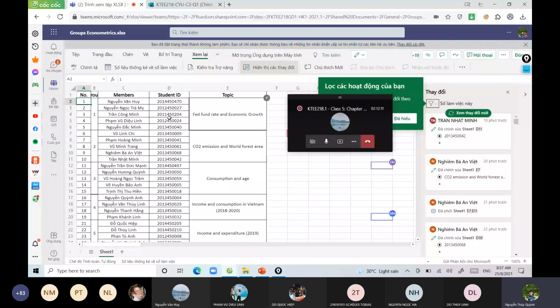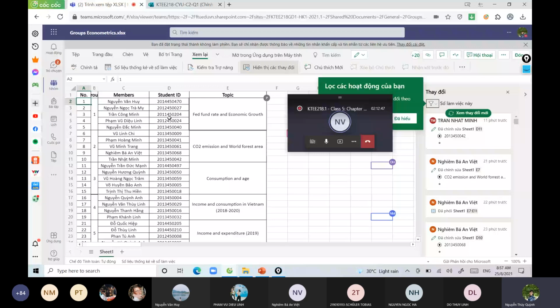So which one is the dependent variable and which one is the independent variable? And what is the reason why you choose the two variables? I think the carbon dioxide emission is the dependent variable, and the forest area is the independent variable.